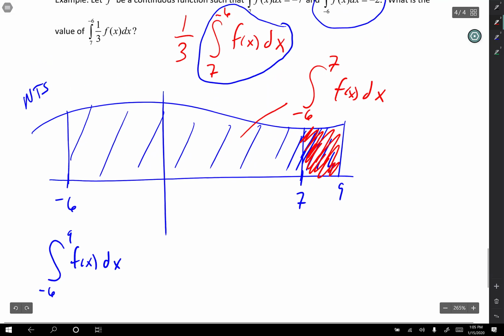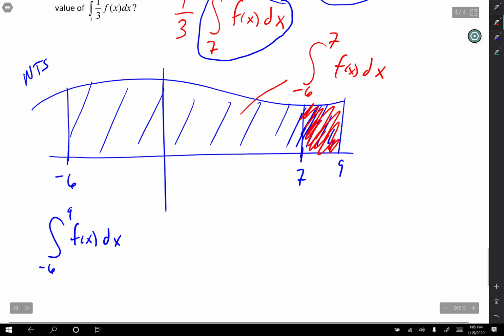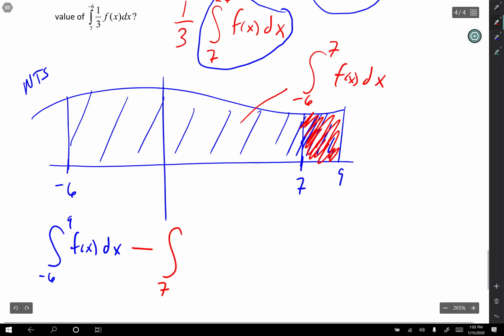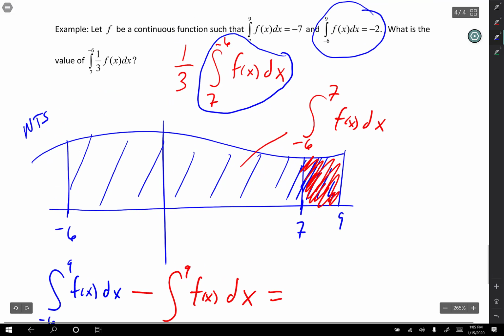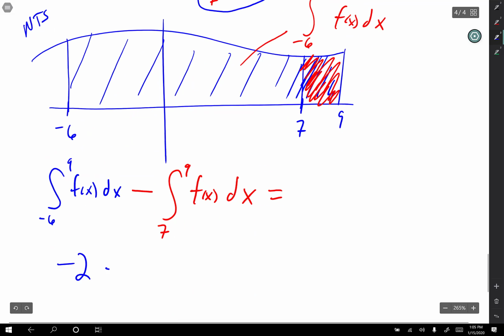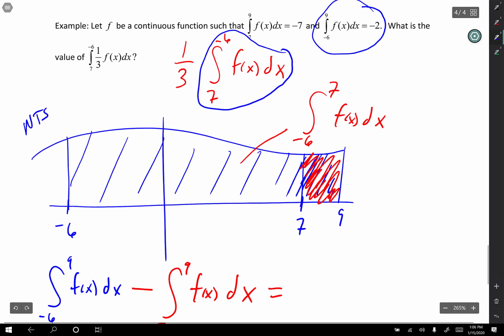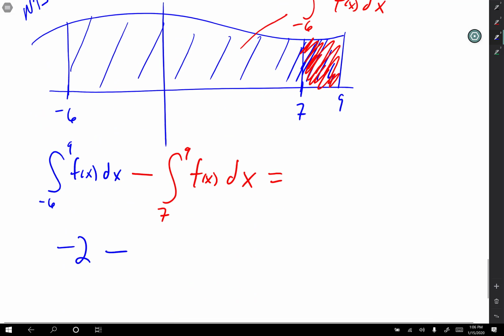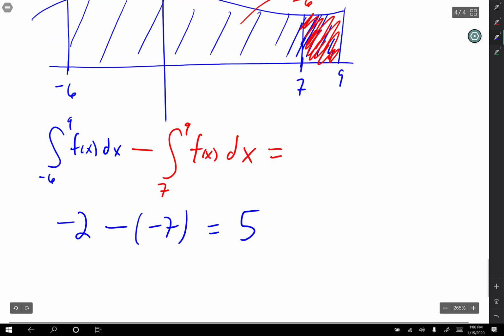So I'm going to find the total area between -6 and 9, which I already know, and I'm going to subtract the area between 7 and 9 of this function. The area under the curve from -6 to 9 is -2. And I'm going to subtract the area from 7 to 9, which is -7. So I get 5. Does everyone get 5? Okay, so I guess I'm going to write the property here real quick.